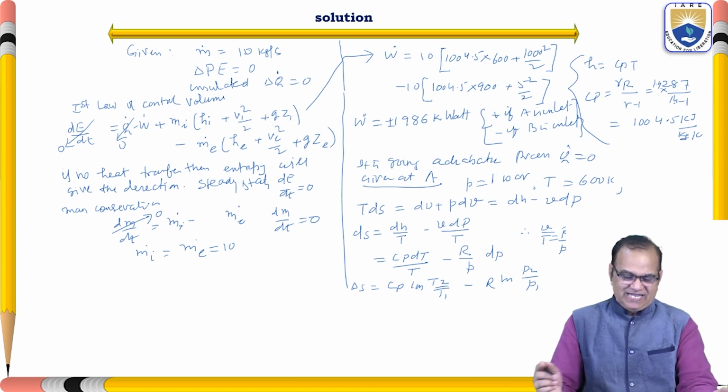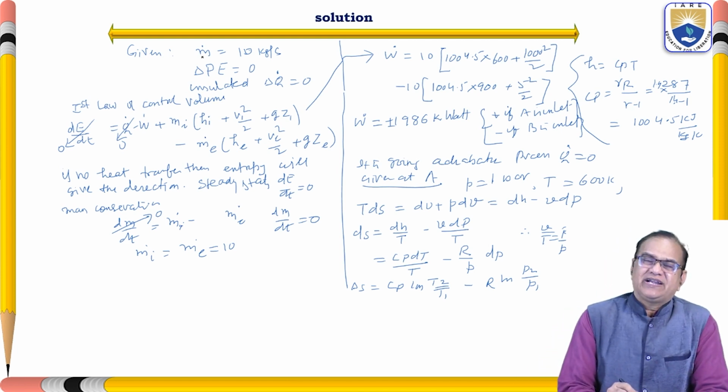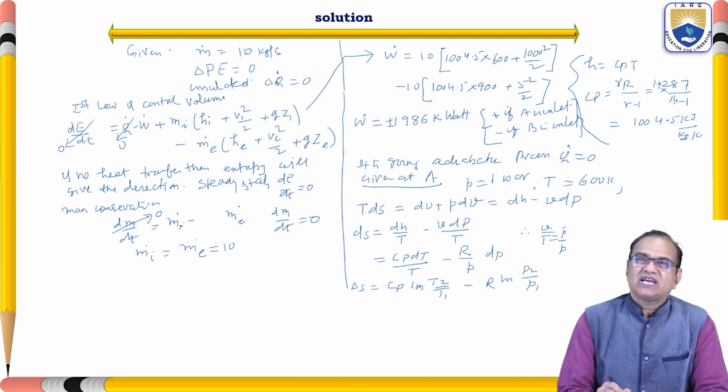Now we can see that here the given mass flow rate is equal to 10 kg per second, delta PE is equal to 0. The system is insulated, so Q dot also is equal to 0.